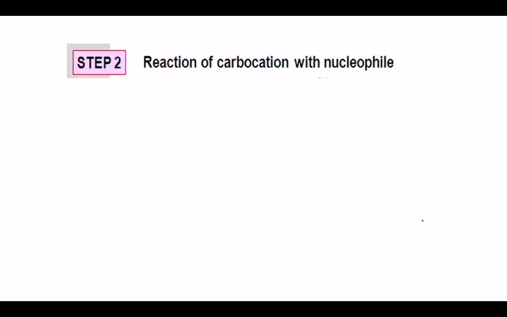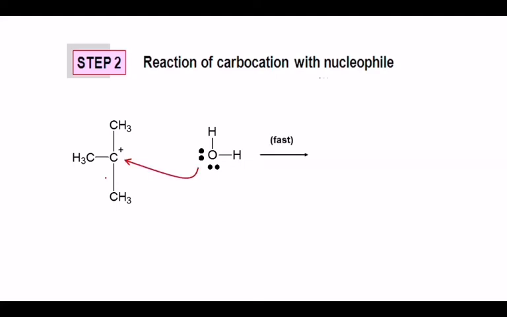So step 2 is reaction of carbocation ion with nucleophile. So our carbocation ion, which is tertiary carbocation ion, it is already stable. And there is nucleophile that will attack the carbocation ion. So it happened very fast, and as it is weak nucleophile, so H2O will be attached to this carbocation ion.